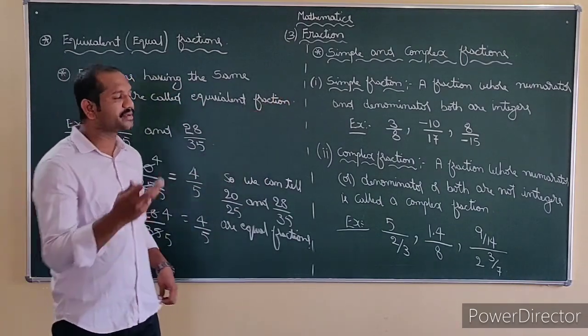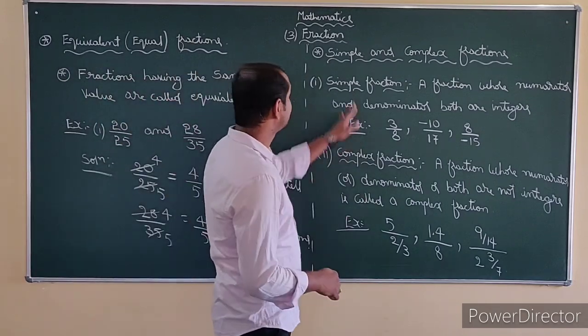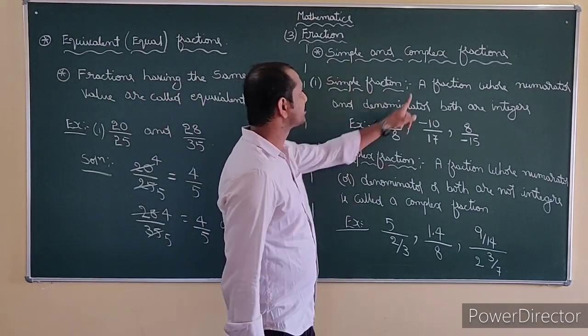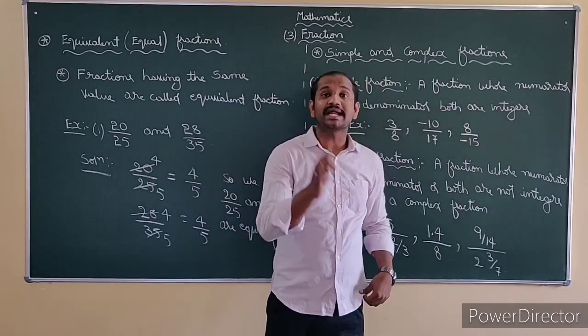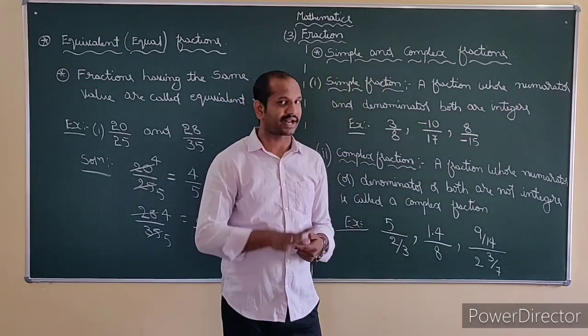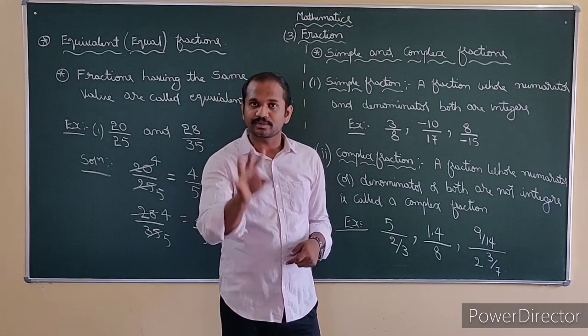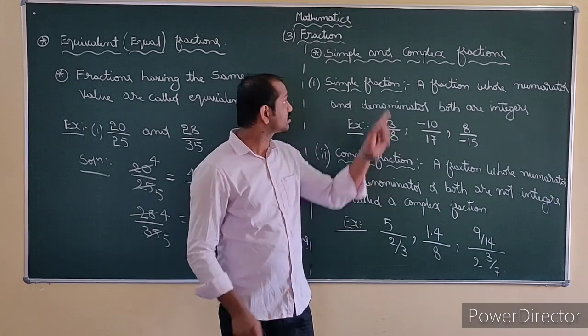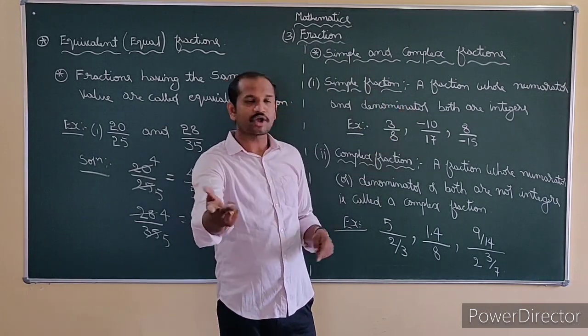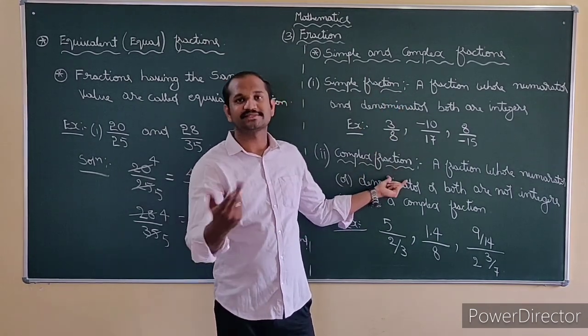Next, we have simple and complex fractions. What do we mean by a simple fraction? A fraction whose numerator and denominator both are integers. If you consider a fraction, its numerator should be an integer and its denominator should also be an integer. Then only it is called a simple fraction. If it is not, it is considered a complex fraction.